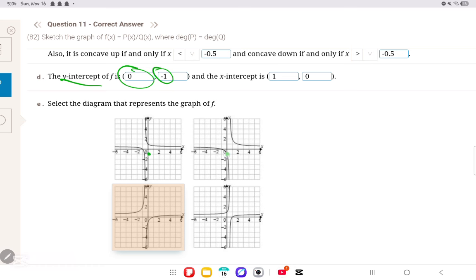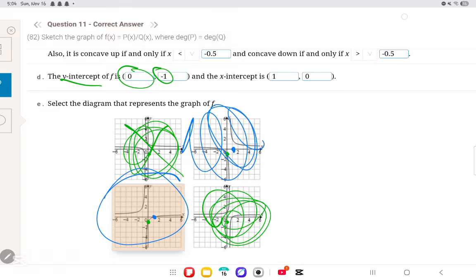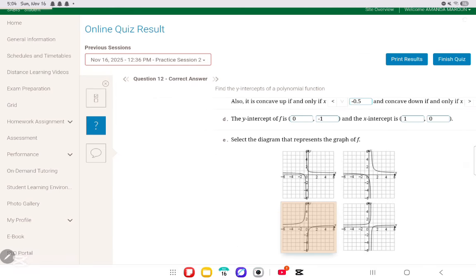At this point over here. So far, only two graphs follow. So this is wrong and this is wrong. My x intercept now is at x equals 1. Here is 1. So this does not follow. That means this is wrong. And this is my answer over here. We'll move on to question number 12.